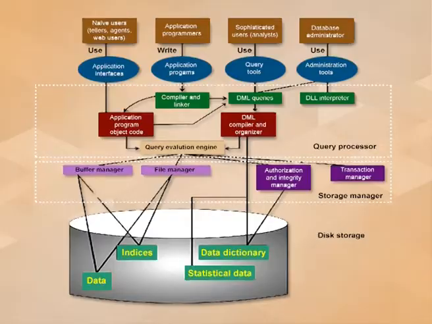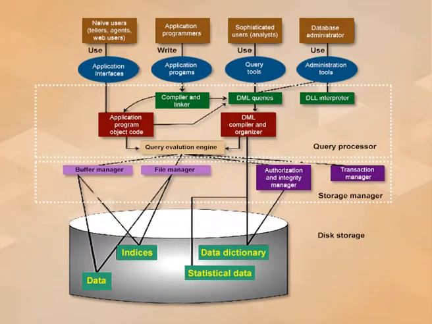Before starting the session, let us see the components which comprise the database management system. This is an illustration wherein each and every component is shown, like the physical database, the storage manager, the query preprocessor, the user level.